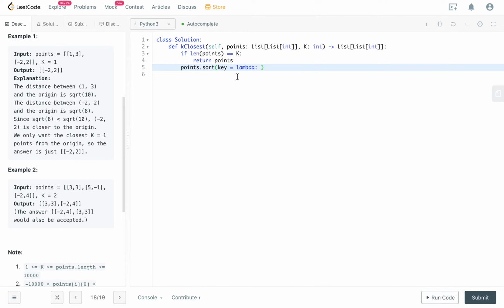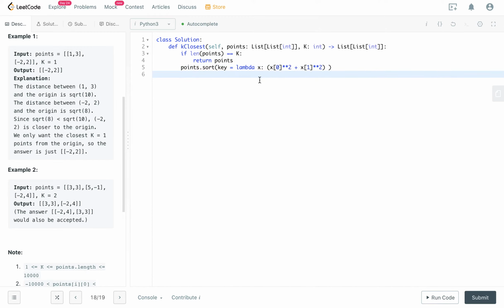But yeah, so if we are in the list sort, we can create a lambda like this. So key equals lambda x colon, and we can say x[0] times itself plus x[1] times itself.